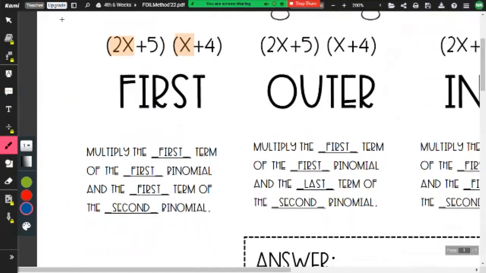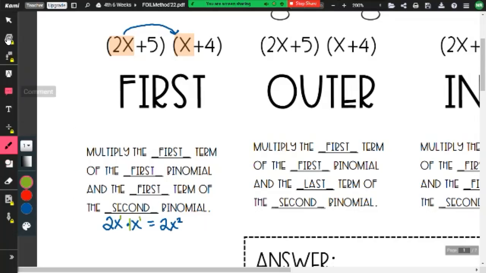So what we're doing is taking this 2x and multiplying it by x. 2x times x gives us 2x squared. If you need to see it with exponents and coefficients, 2 times 1 is 2. X times x, you add the exponent, 1 plus 1 is 2.